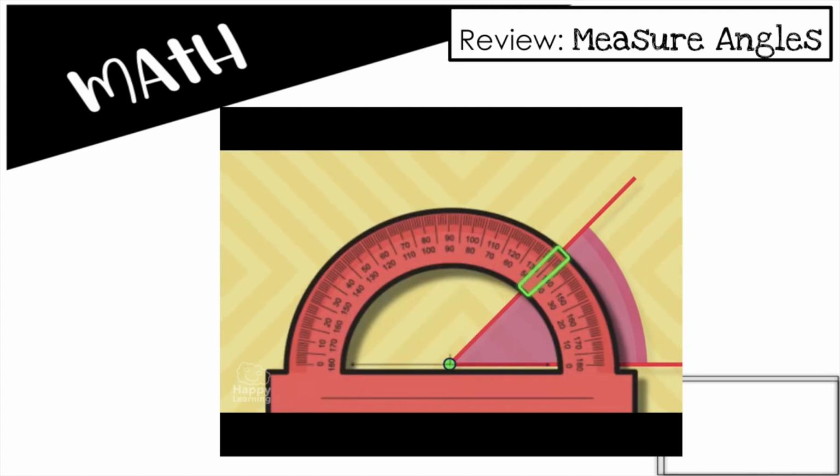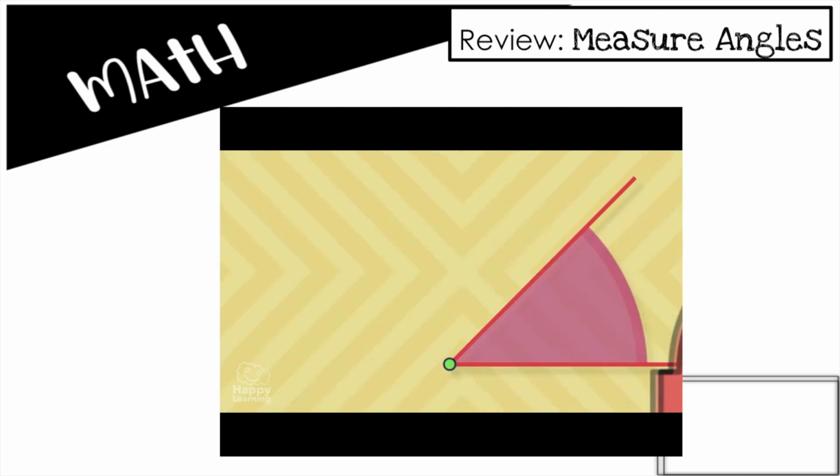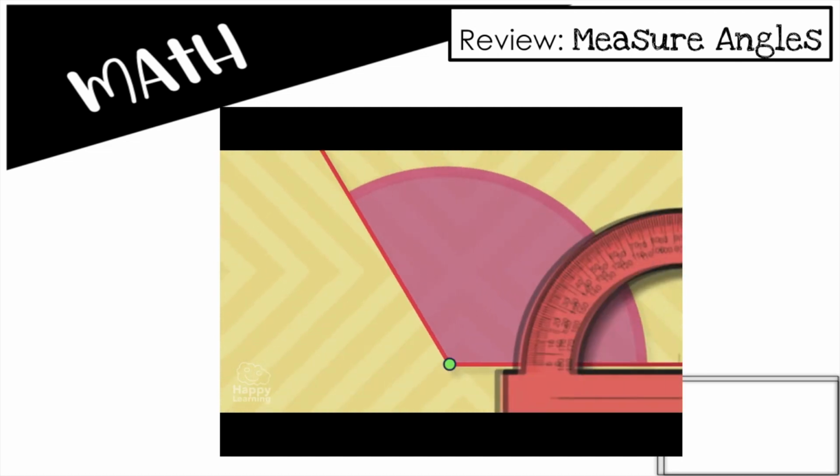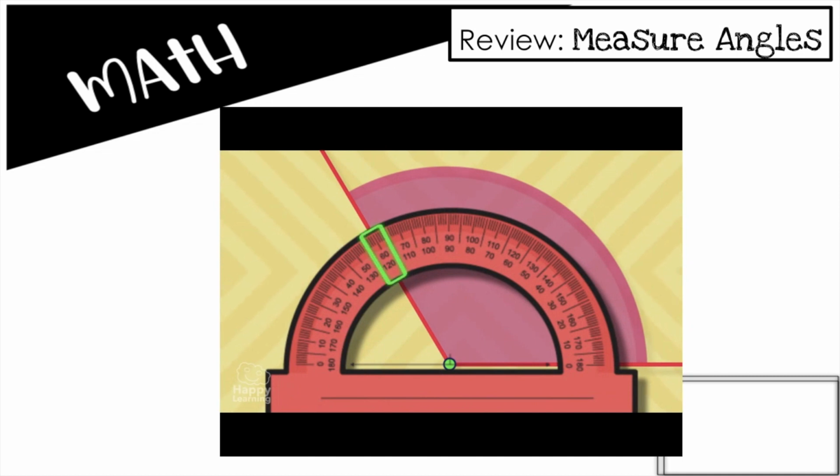Let's see how much it measures. 45 degrees. It's an acute angle because it is smaller than a right angle. And now, we're going to check out how much this other angle measures. 120 degrees. Of course. It's an obtuse angle because it measures more than 90 degrees.